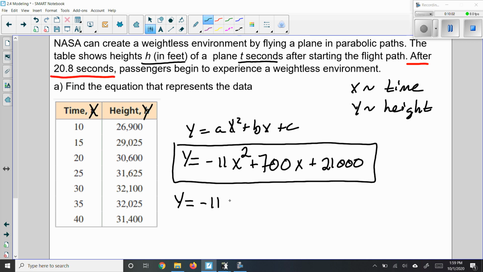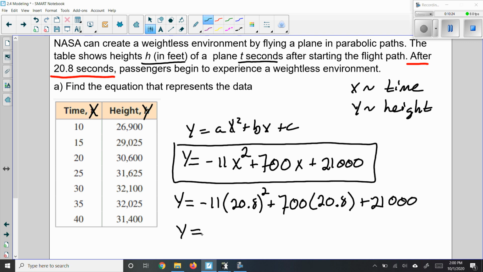Well, we'll just plug that into our equation. Negative 11 times 20.8 squared plus 700 times 20.8 plus 21,000.